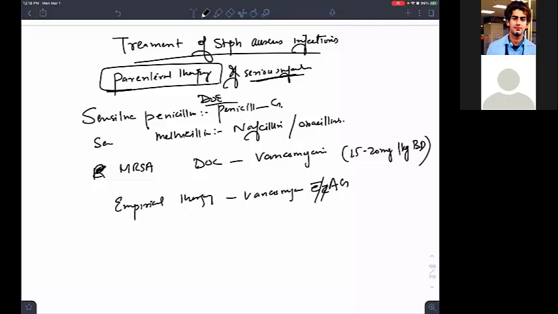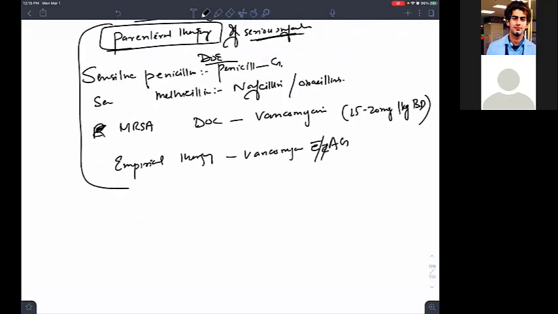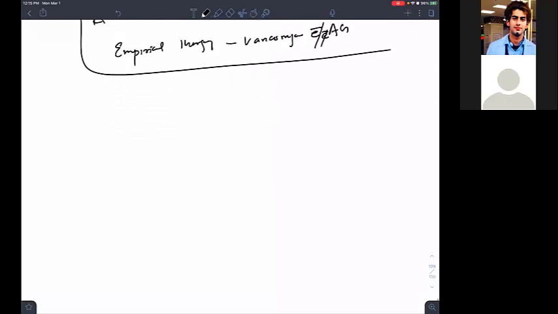Your answer should be, if I have a high risk of MRSA condition. For example, if a patient is already having a cardiac implant, directly give vancomycin because it is a high risk condition, isn't it? This was about parenteral therapy for these conditions. For which infections will you give oral therapy? You will give oral therapy for skin and soft tissue infections.